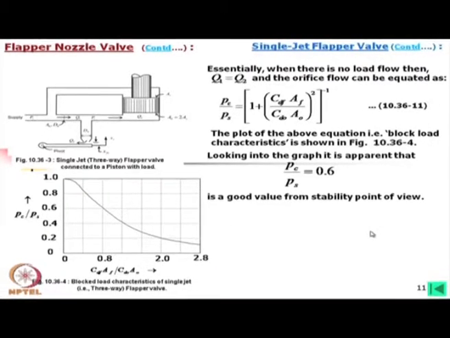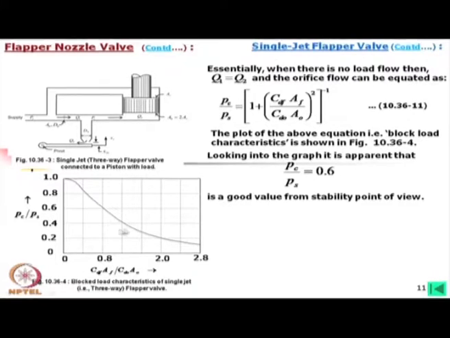So, this diagram is useful to find out the operating conditions. Now, looking into the graph, it is apparent that P_c by P_s equal to 0.6 is a good value from the stability point of view. Now, why do we say this value is from the stability point of view?